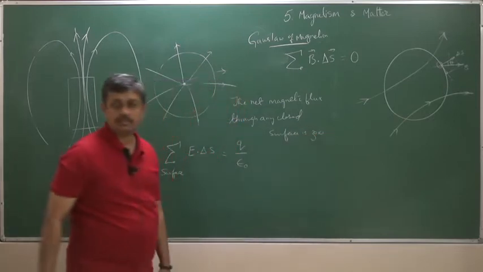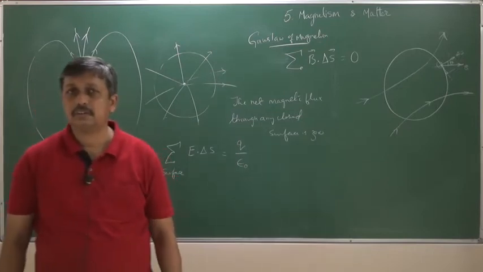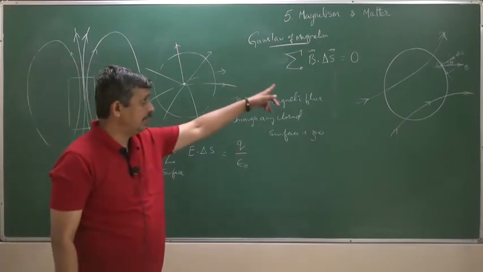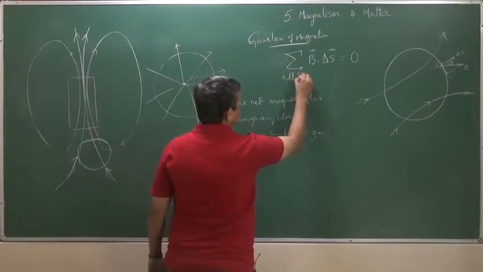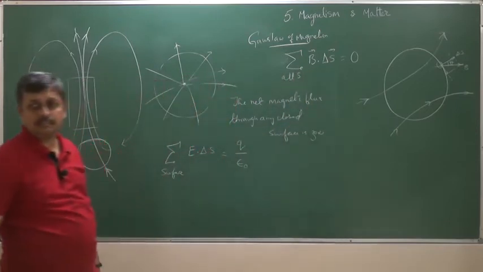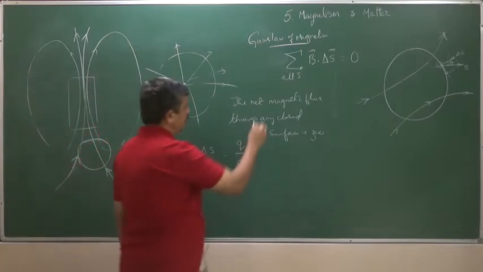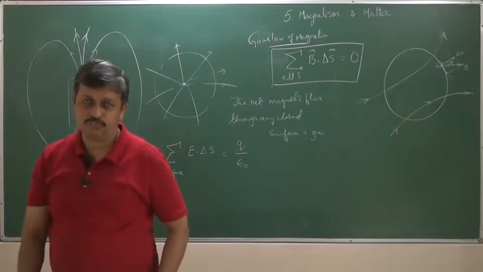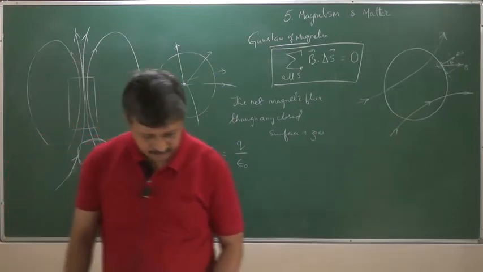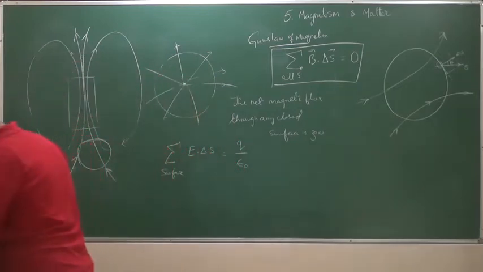That is the rule. The sum of B dot delta S over all S is equal to 0. Remember this always. In the case of a magnetic field, this is always true. So that is our understanding of the Gauss law.